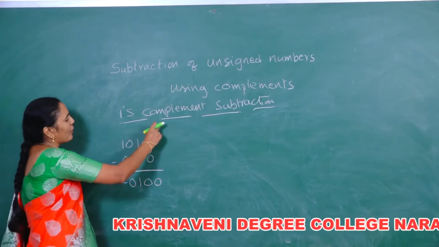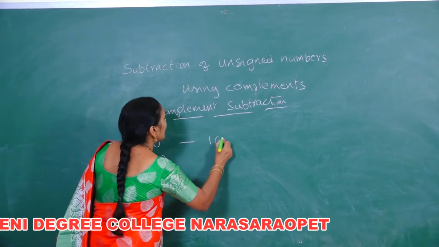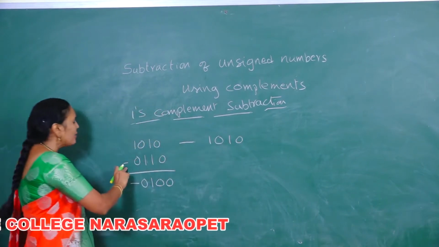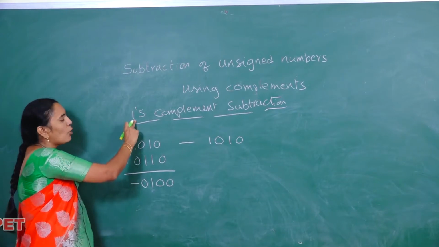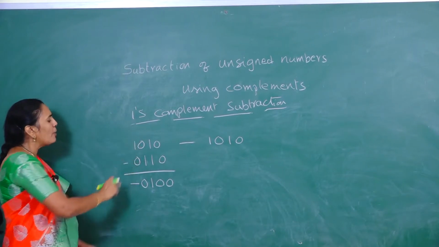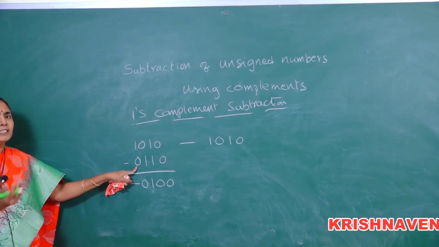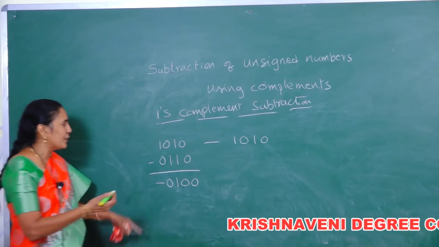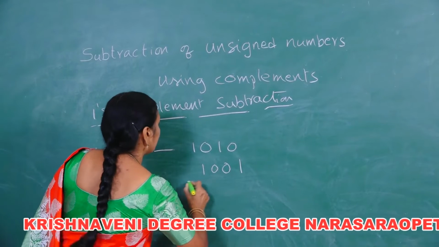Then how are you going to perform it through ones complement? The positive number is written as it is, 1010. As we have to subtract, this number becomes negative, you have to calculate the ones complement of this number. Ones complement of that number is obtained by simply interchanging 0 with 1 and 1 with 0. That is 1001.